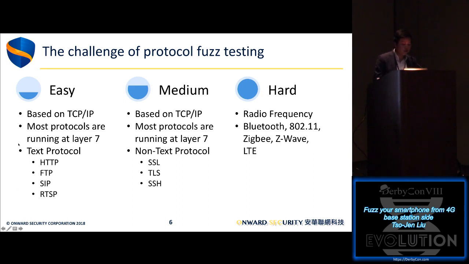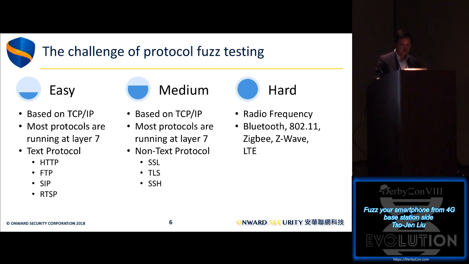But for these text or non-text protocols, they run on TCP/IP, so you don't need to handle how they transfer to the target. You just call the socket and send the data to the target. This is the easy way to do fuzzing.